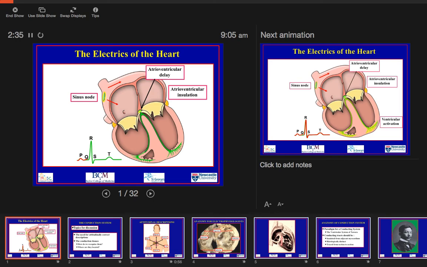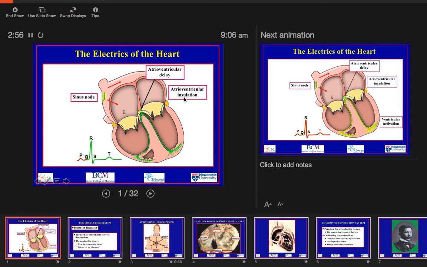And that is a key to the understanding of normal conduction, that aside from the passage of the atrioventricular conduction axis through the insulating plane, the remainder of the atrial myocardium is insulated from the ventricular myocardium.